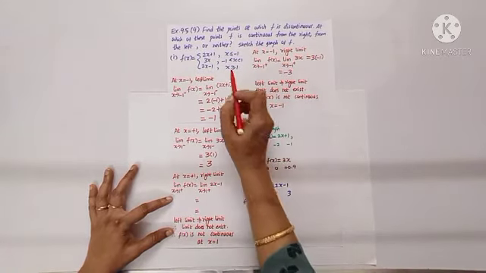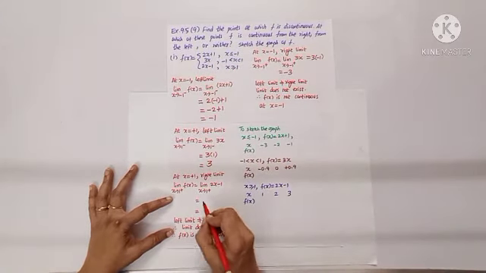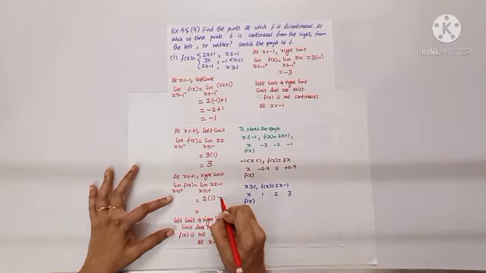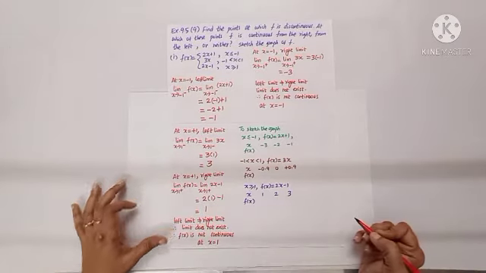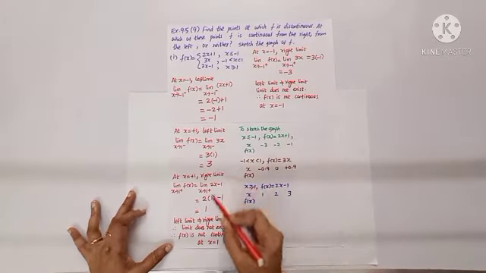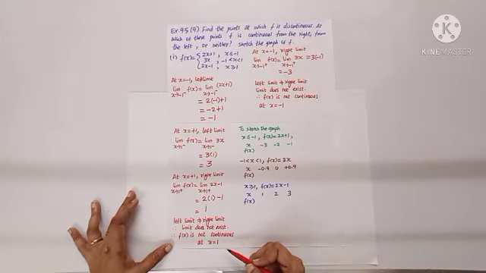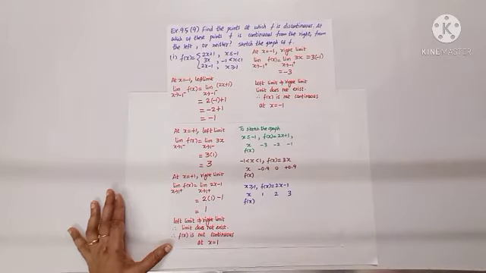For the right limit, substitute in 2x minus 1. As we substitute, it is 2 into 1 minus 1. 2 minus 1 is 1. So obviously they are not equal. The left limit is 3 whereas the right limit is 1, and so we declare the limit does not exist and f of x is not continuous at x equals 1.